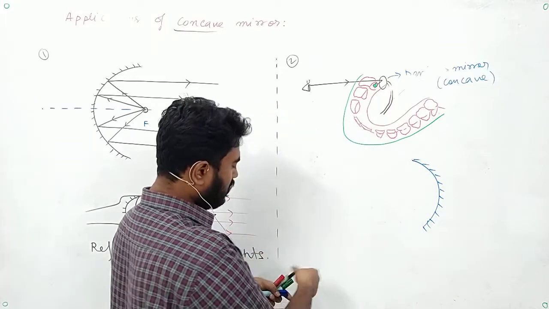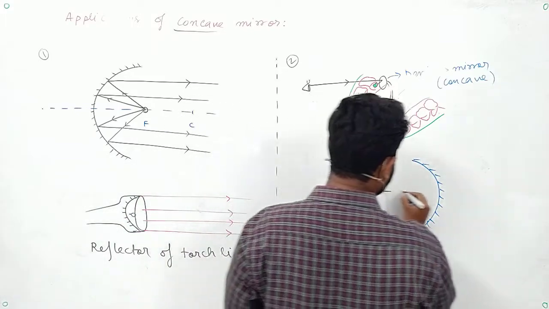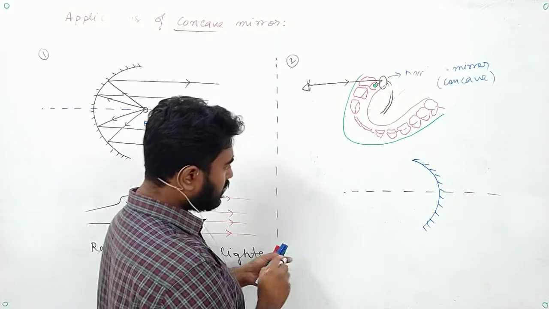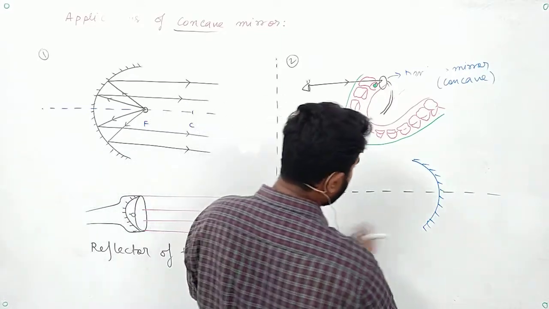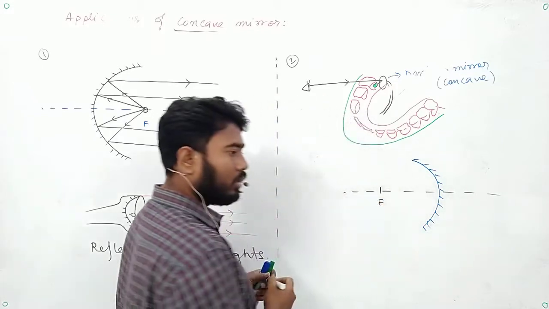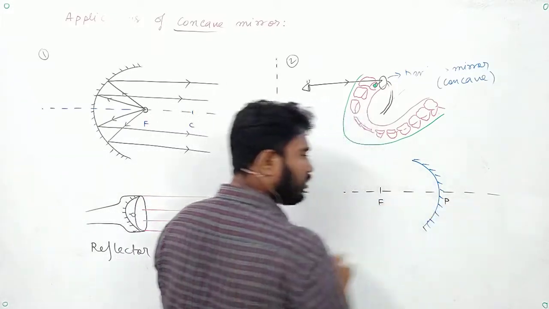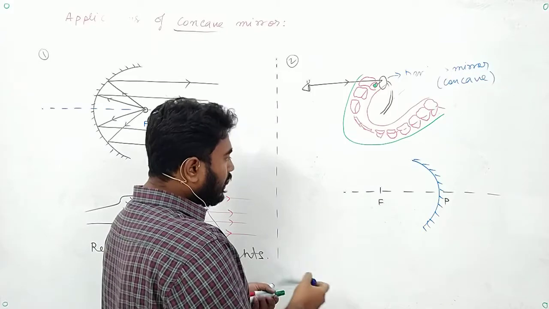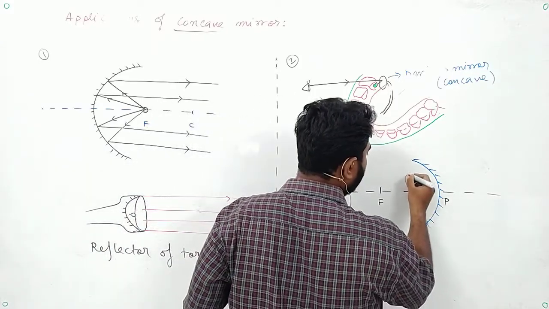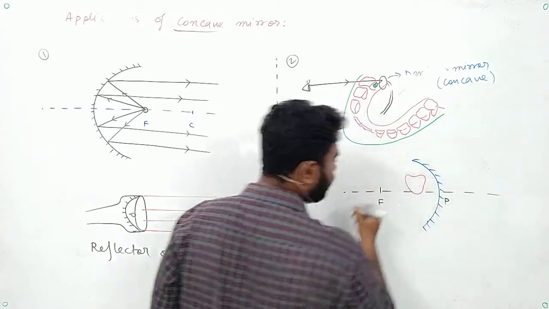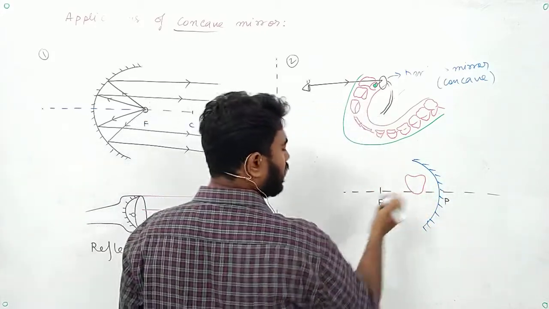Suppose this is the focus, and this one is the pole. He will place your teeth in between focus and pole.